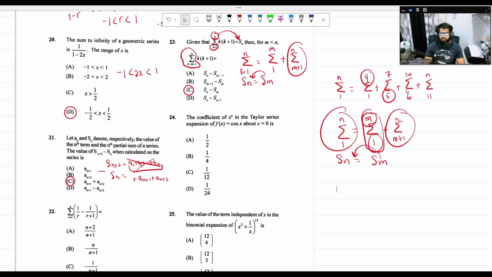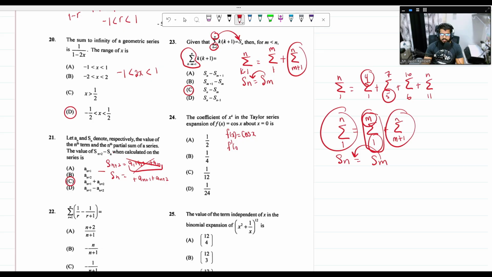24. The coefficient of x to the power 4 in the Taylor series expansion of cos x about 0. So f of x is cos x. The coefficient of x to the power 4, right?